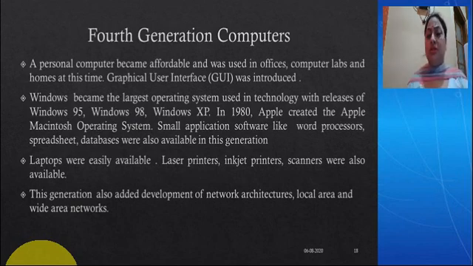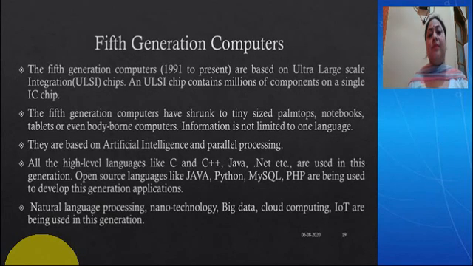Small application software like word processors, spreadsheets, databases were also available in this generation. Laptops were easily available. Laser printers, inkjet printers, scanners were also available. This generation also added development of network architectures, local area and wide area networks.